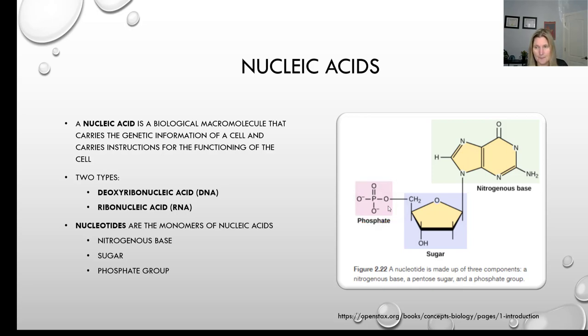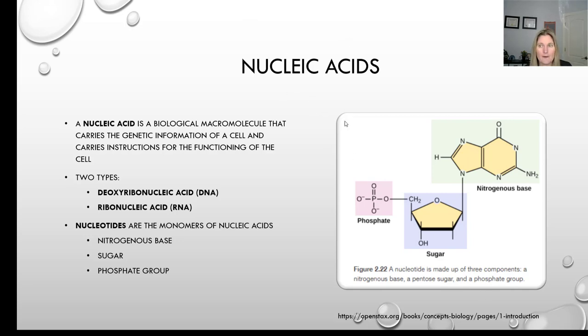So basically there'll be a bond between the phosphate group and the sugar group of 2 nucleotides. If this was another sugar and a phosphate group and a sugar and a phosphate group, this is the backbone of our nucleic acid.